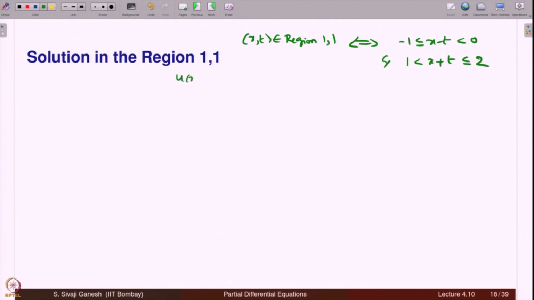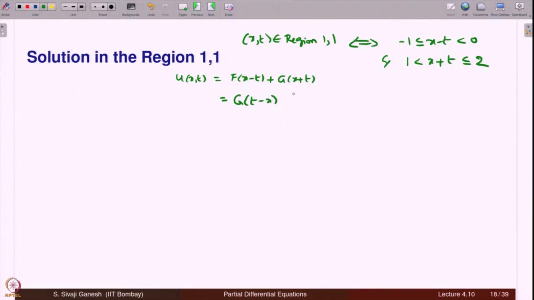So therefore u of x,t is equal to f of x minus t plus g of x plus t, because x minus t is between minus 1 and 0, f of zeta will be g of minus zeta. So therefore it is g of t minus x.